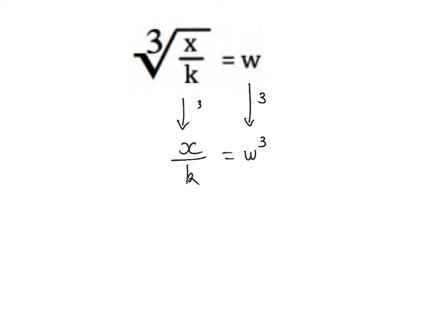And now the next manipulation is going to be to multiply both sides by k. Therefore, solving for x, we get this would be kw cubed. So again, we've got a slightly different looking question there, but we remember our inverse operations, and then we just follow through with a proper algebraic manipulation in order to solve or make x the subject of the formula.